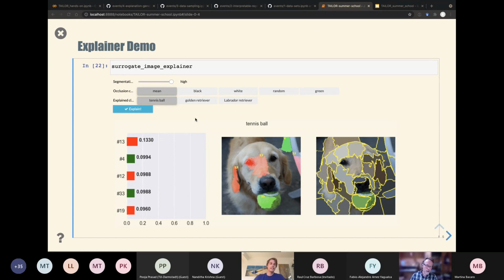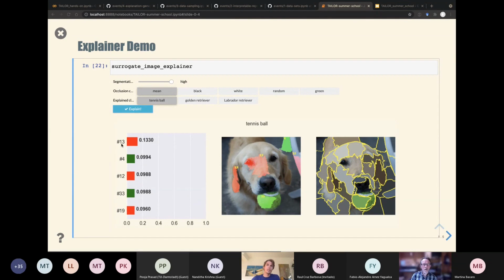So again, you could interpret this as, we fit the linear model with an intercept. So you could interpret the intercept of the linear model as the average prediction for this sort of image, and then the presence or absence of each of these segments moves you a bit to the left or a bit to the right on that scale. So if we include segment number 13, this would move our probabilistic prediction of the tennis ball 0.13 less.